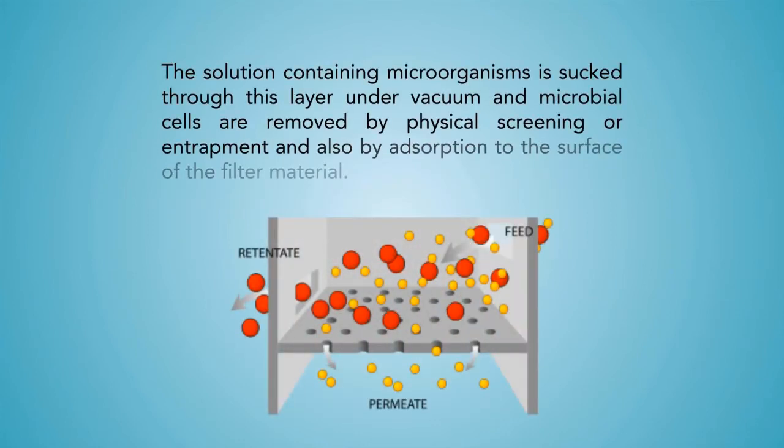The solution containing microorganisms is sucked through this layer under vacuum, and the microbial cells are removed by physical screening or entrapment, and also by adsorption to the surface of the filter material.